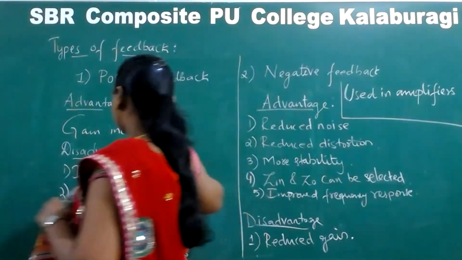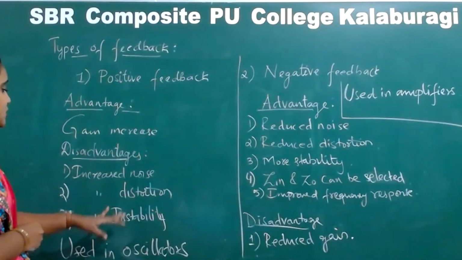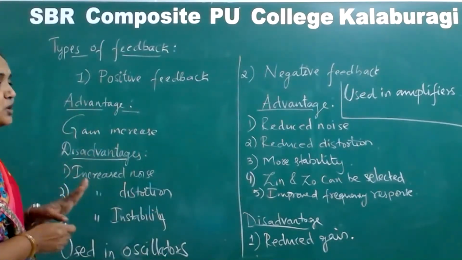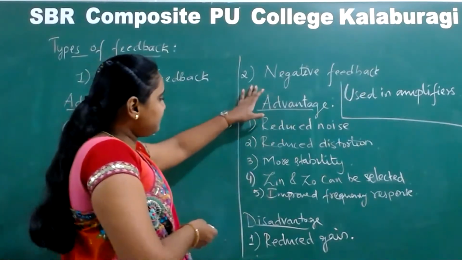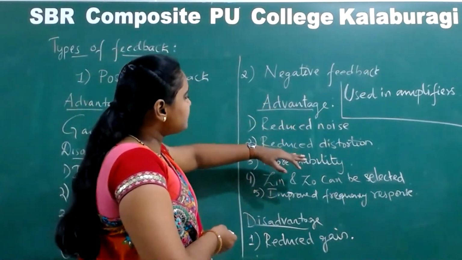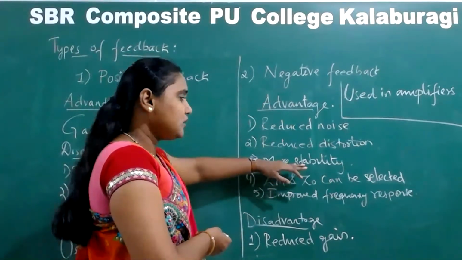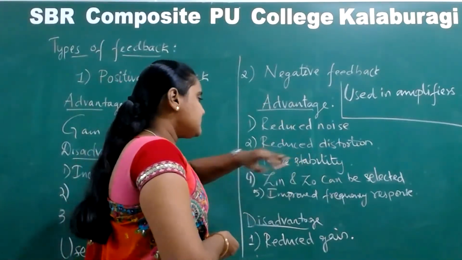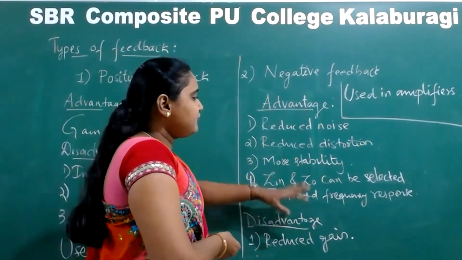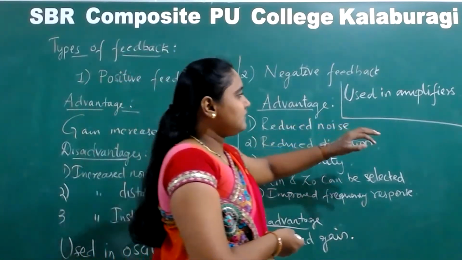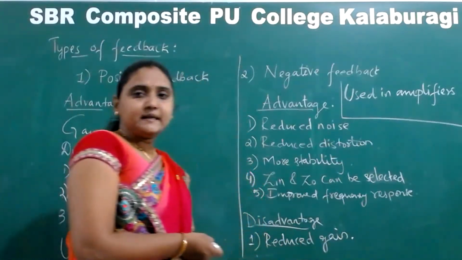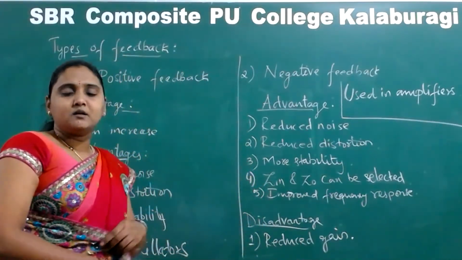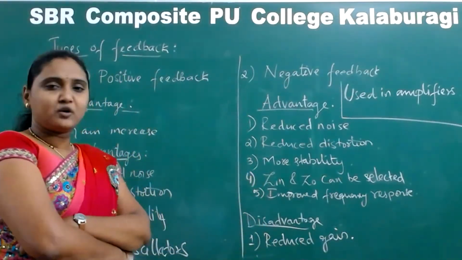Because of these reasons, that is increased noise, distortion and instabilities, positive feedback is not preferred for amplifiers, whereas negative feedback is going to reduce the noise, reduce the distortion, and make the amplifier more stable. And frequency response is also improved. For that reason, negative feedback is most frequently used for amplifiers.